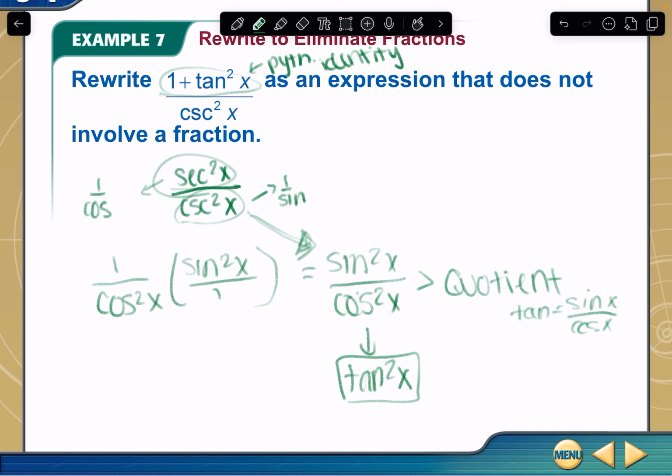So again, it doesn't tell you to use sine and cosine, and my answer doesn't have to be sine or cosine, but this is kind of the easiest way to work things out. I ultimately changed tangent to secant, then I changed secant and cosecant to cosine and sine. Cosine and sine are a little bit easier to work with until you actually get to your final answer, depending upon what your question looks like.